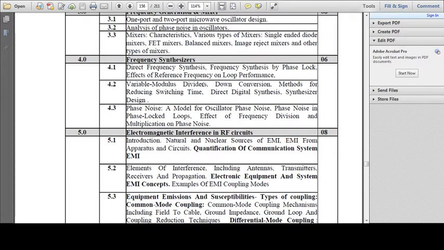First one is the direct frequency synthesizer, frequency synthesis by phase lock, then the effect of frequency on loop performance, variable modulus dividers, down conversion method for reducing switching time, and direct digital synthesizer design. Then we introduce the concept of phase noise, a model for oscillator phase noise and phase noise in the phase lock loop, and the effect of frequency division and multiplication on phase noise.